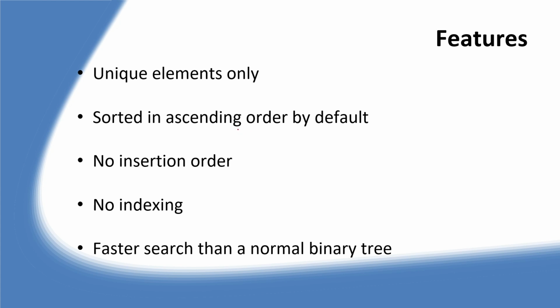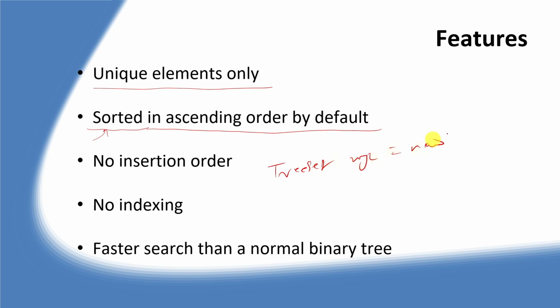Since TreeSet implements the Set interface, unique elements will be allowed. And TreeSet provides sorting, so it will sort in ascending order by default. Whenever we create a TreeSet with some reference variable name, new TreeSet, like that we will create.